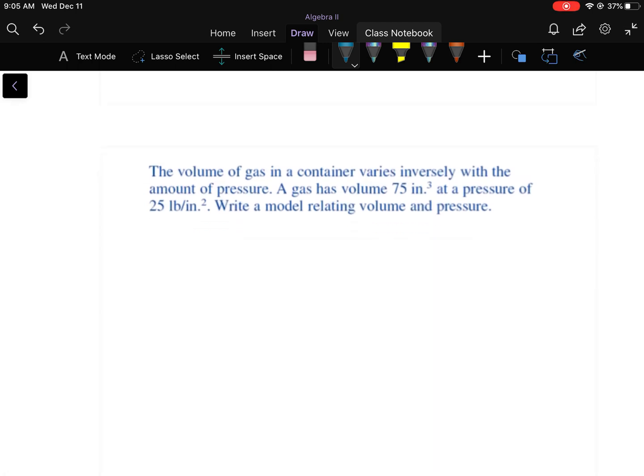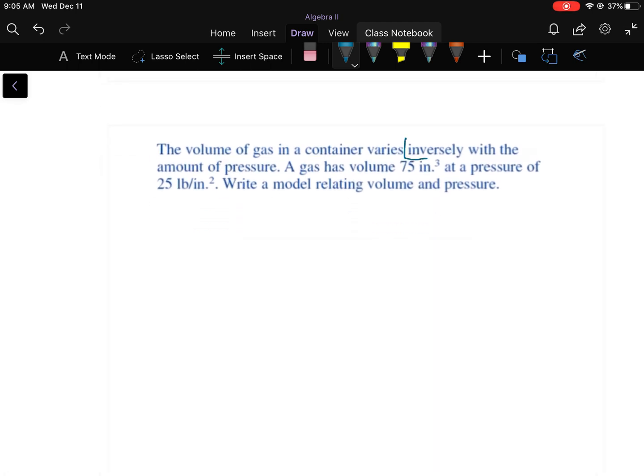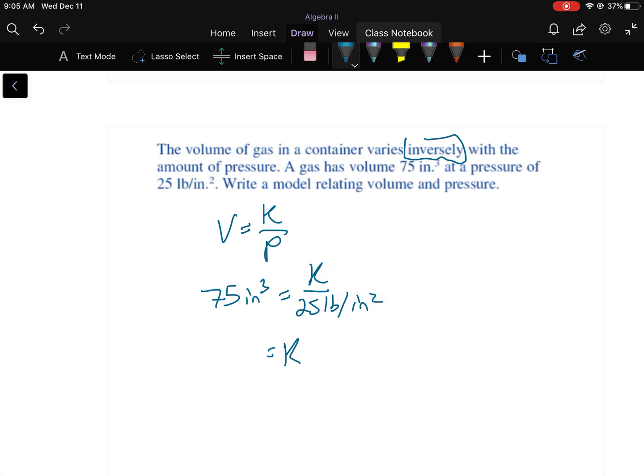The volume of gas in a container varies inversely. So I'll go with V for volume. So V goes inversely with the amount of pressure. The gas has a volume of 75 inches cubed at a pressure of 25 pounds per inch squared. So the constant of variation between these two is going to be 75 times 25, and you're going to get a calculator for this, so don't worry about that.